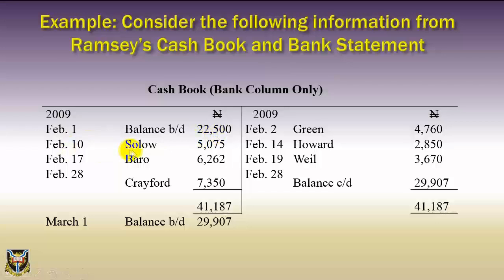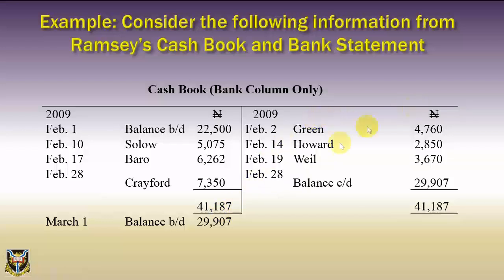February 10, Solo, 5,075. February 17, Borrow, 6,262. February 28, Crayford, 7,350, totaling 41,187.